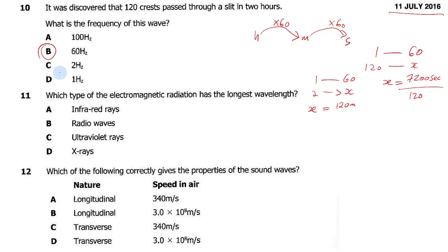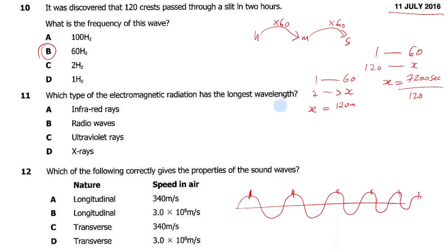This question, guys, is quite tricky, because crests, as I already explained, if a wave is going like this, these are crests. This one, this one, this one, they are crests. So from here to here, it's one wave. So count one wave, two waves, three waves, four waves, five waves. If there are 120 crests, meaning we are considering that there are about 120 waves.